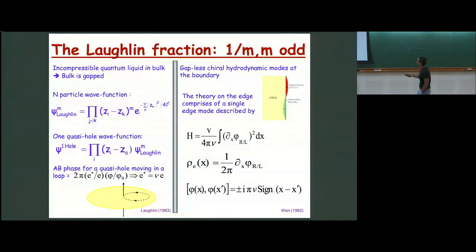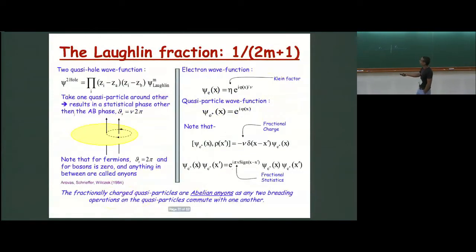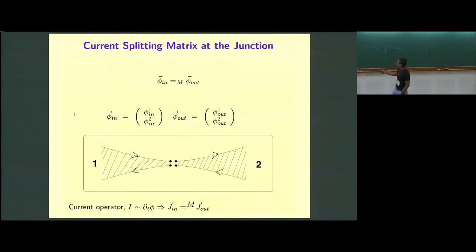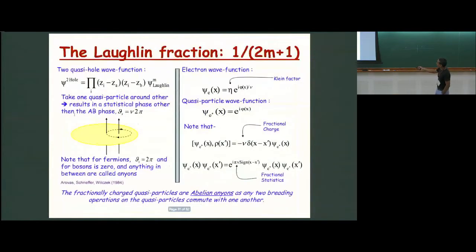I think there has been enough introduction to quantum Hall edges, so I'll quickly skip it. Maybe I just make a few comments here. I'm going to use bosonization for describing the edges.